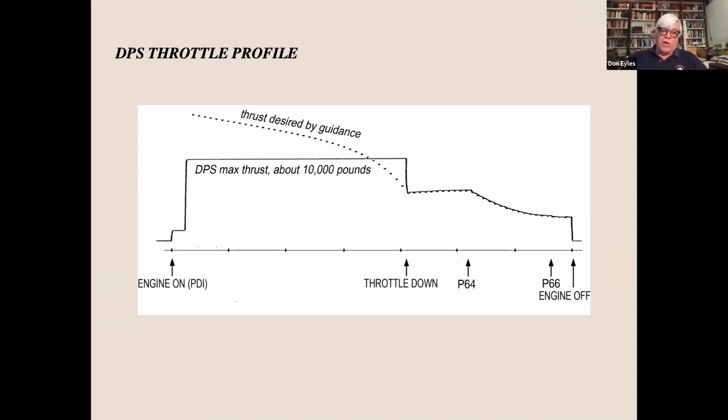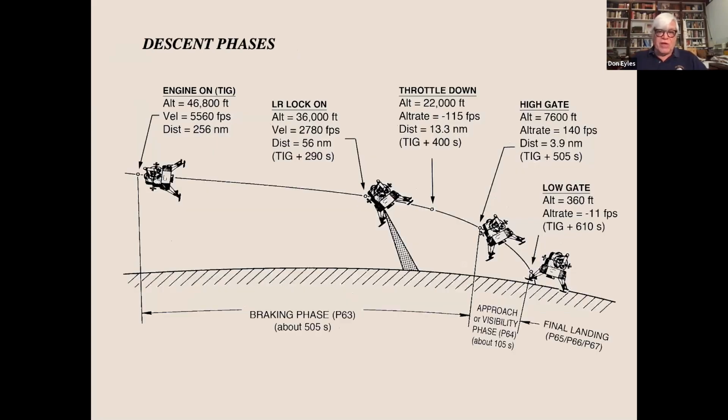And from then on, if all went well, the engine would stay within the controllable zone. So go back to the previous, thank you. So throttle down would have to happen.